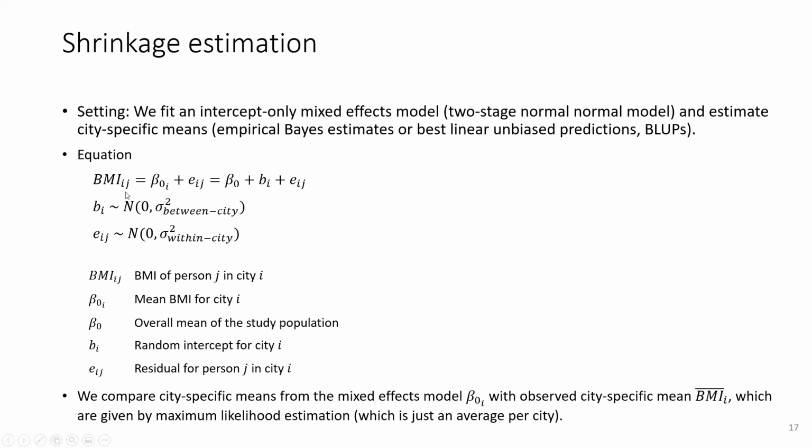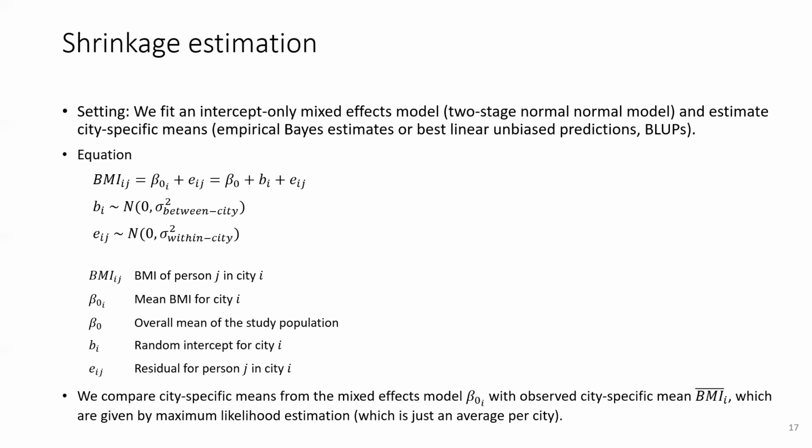BMI of person j in city i is given by beta naught i, which is a city-specific intercept, plus residual, which is a difference between individual BMI and city mean.